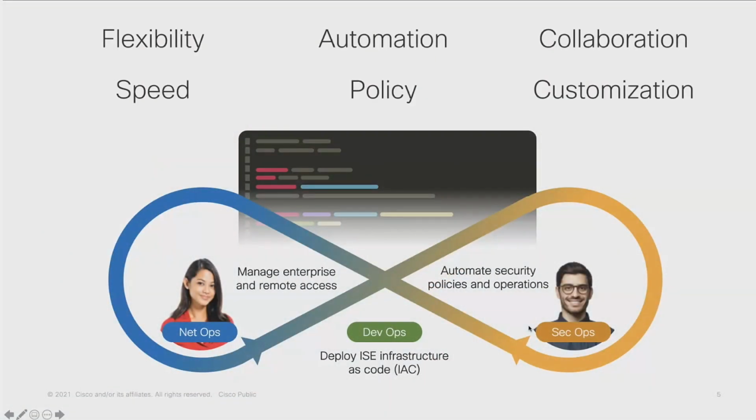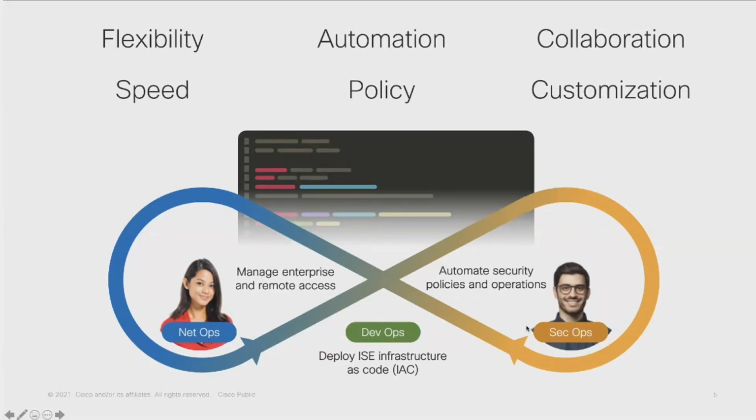But I think the ability to bring all of this together in a cloud infrastructure, continuously integrated infrastructure, is actually very, very helpful to get these groups to work better together and share their policies and the things that they're doing.